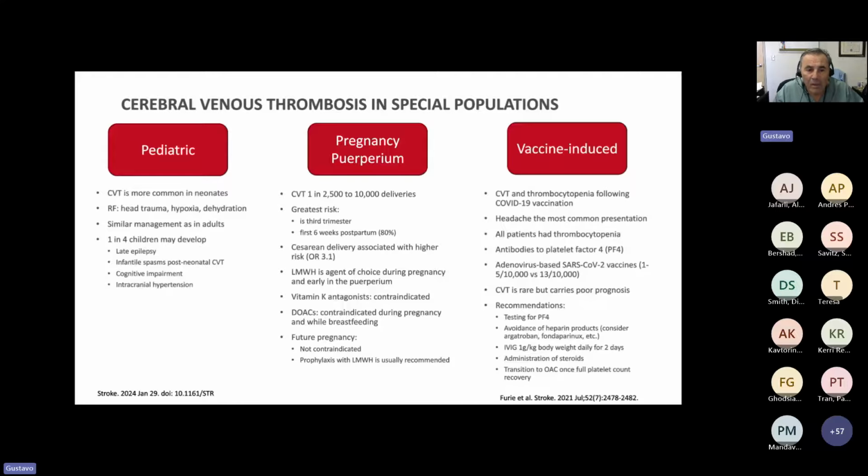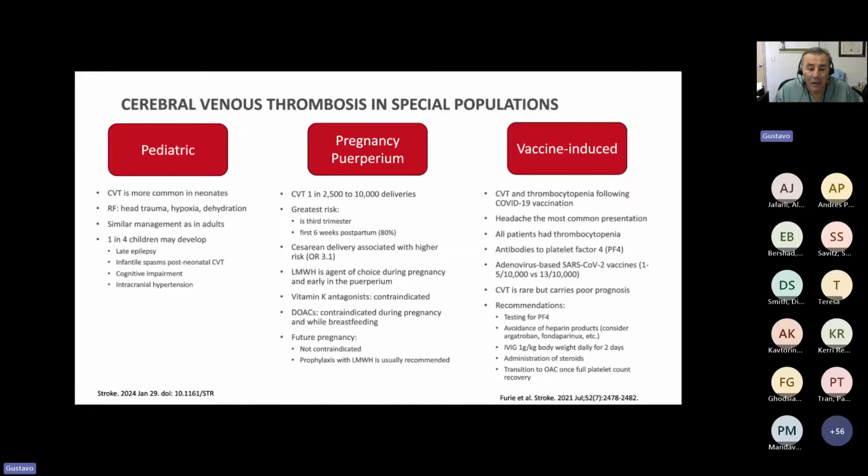Again, I mentioned that 1 in 4 children may develop epilepsy, and that's an important consideration. In terms of pregnancy and puerperium, it usually occurs in the third trimester and the first 6 weeks postpartum. C-sections are associated with higher risk because of the higher risk of prothrombotic events. Remember that vitamin K antagonists are contraindicated.